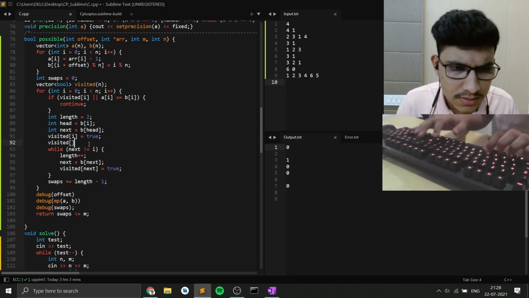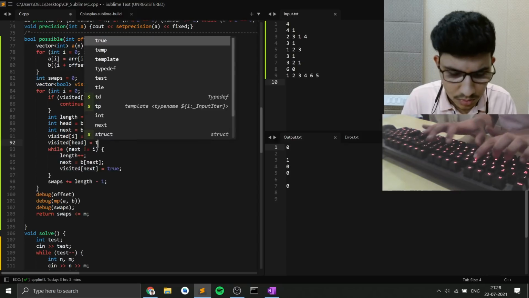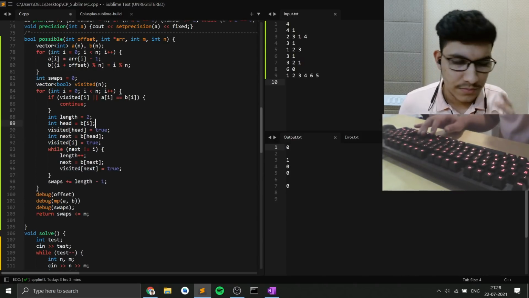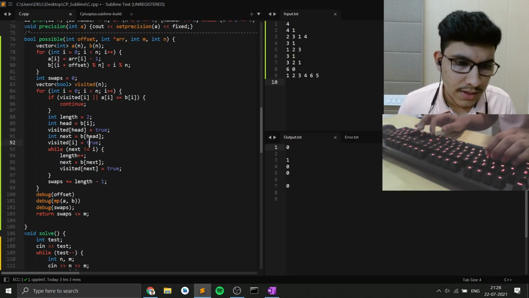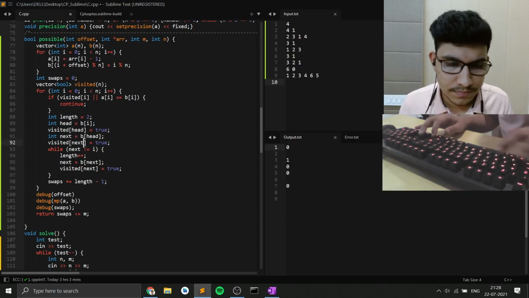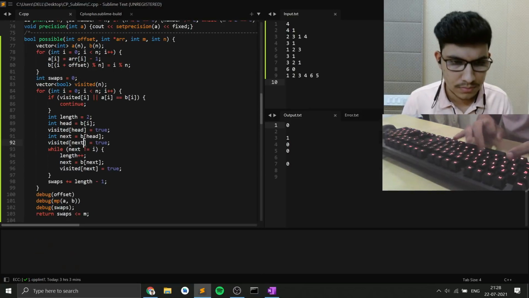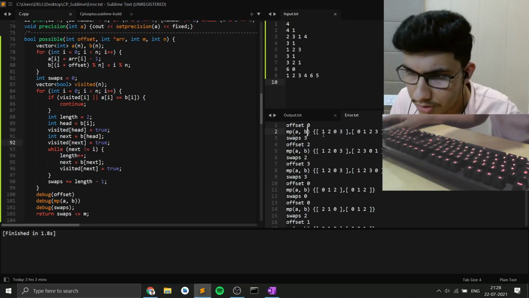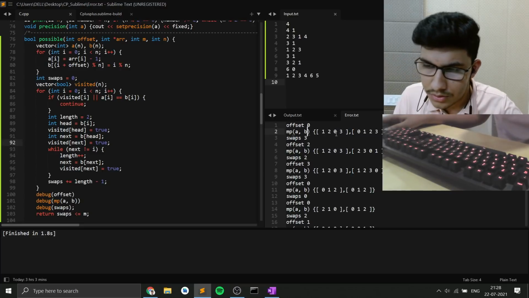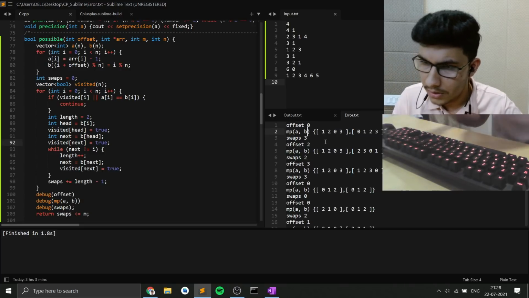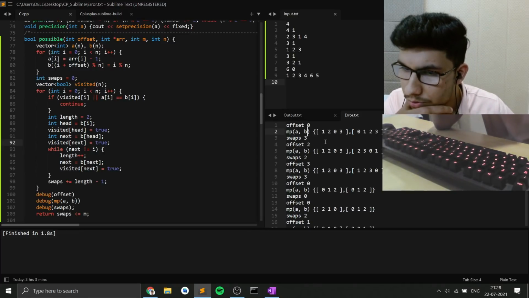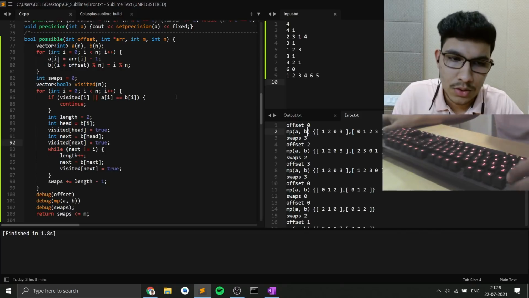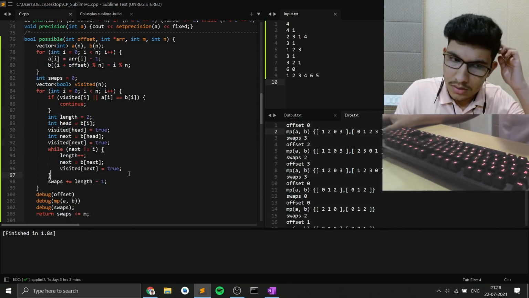Okay, instead I can do this. Visited at head equals to true. Yeah. And then I do visited at next equals to true as well. Okay, offset was 0 and we need to convert 1203 to 0123. So the swaps required were 3. But it should have been 2, right?